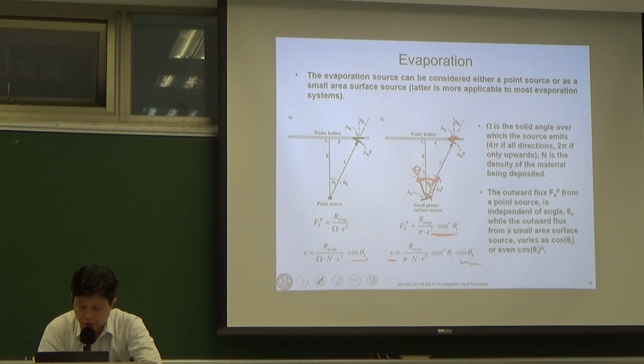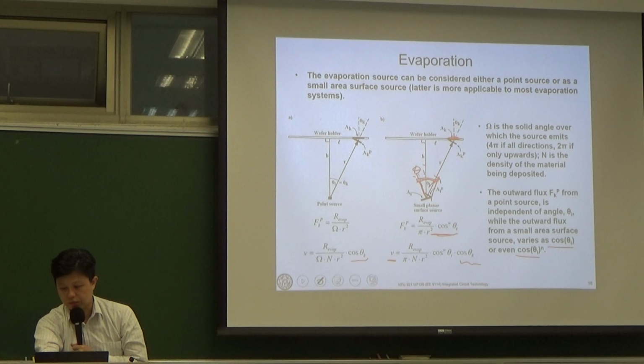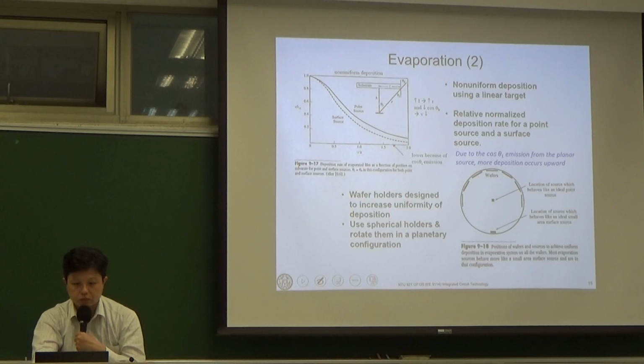Now we know that this flux or growth rate by evaporation becomes angle dependent. It depends on cosine theta I or cosine theta K with these exponential terms.